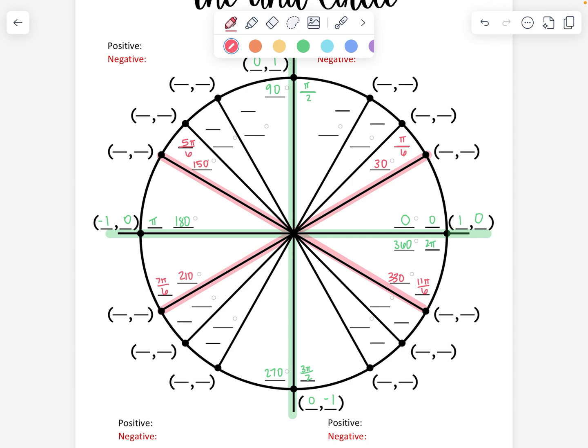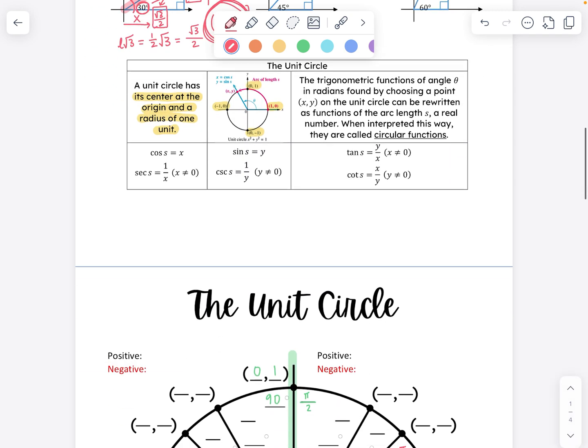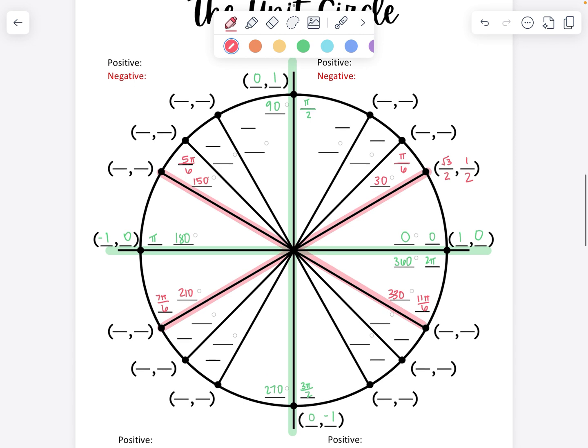Okay, from here, now we need to talk about how to label those points. And that's where our special right triangle comes in with that x and y that we just talked about. Those two missing sides that we found, the square root of 3 over 2 and the 1/2, is how I'm going to come over here and label my point. It's going to be the square root of 3 over 2 and 1/2. But remember, we've got all our other quadrants that we need to label it in.